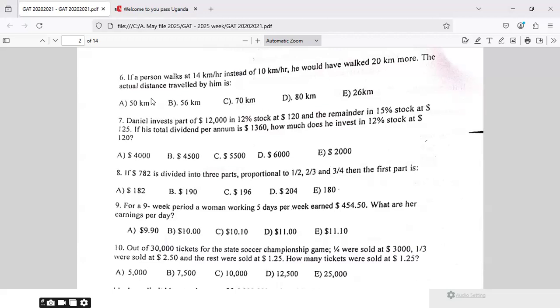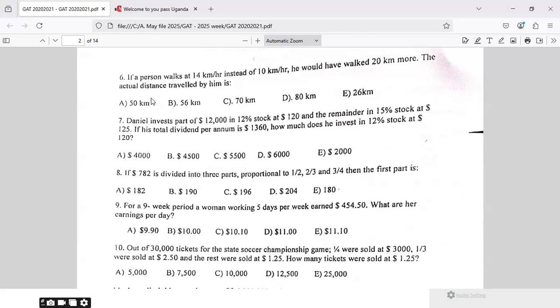This person traveled at a speed of 14 kilometers per hour instead of 10. Now they want to find out, if the person had used the speed of 10 kilometers per hour, what distance were they going to cover?